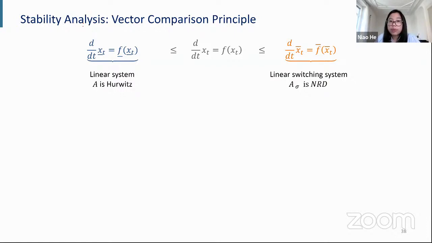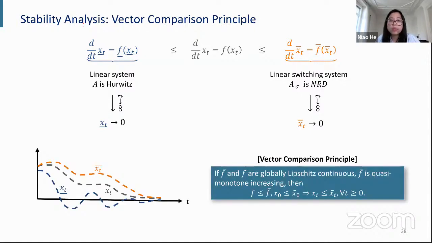Now, if we look at the original system, we can immediately apply the so-called vector comparison principle, which says that if this system is upper bounded and lower bounded by these systems from the initial point, then the whole trajectory will be upper and lower bounded by these two comparison systems.